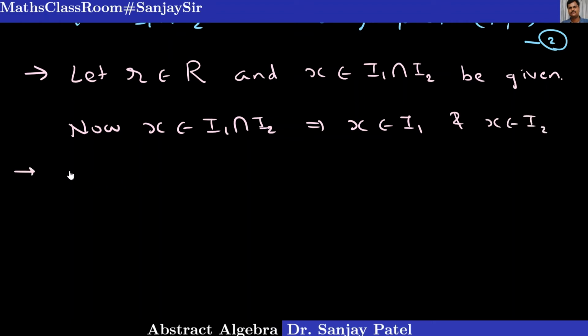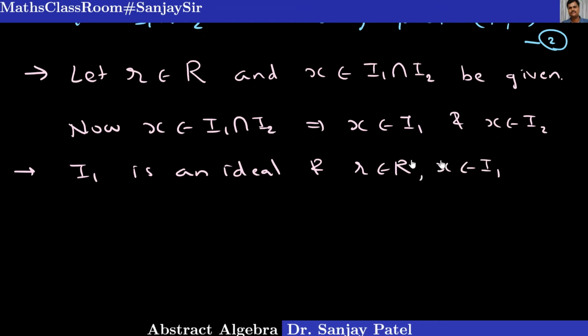Now I1 is an ideal. And we have two things, r belongs to R and x belongs to I1. So I can write this implies r into x belongs to I1 and x into r also belongs to I1. Okay. So this is my result number 3.